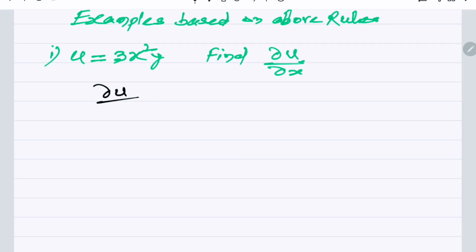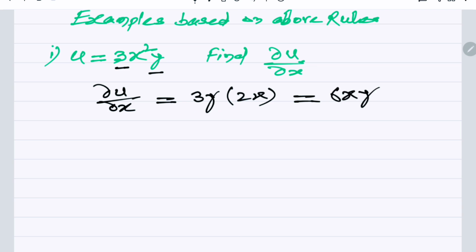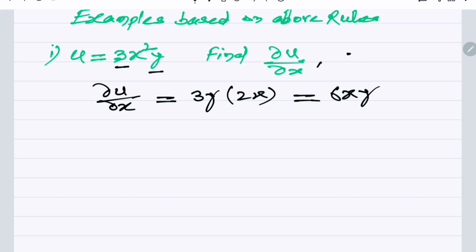Here, u is a function of two independent variables x and y. Differentiating it with respect to x, keeping y constant, when we take y constant, 3 and y we take outside, and derivative of x square is 2x. Therefore, the term is 6xy as the value of dou u by dou x.